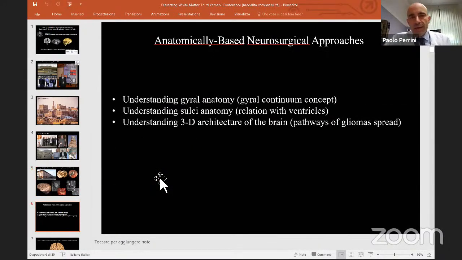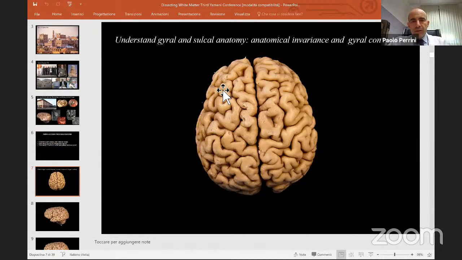To do anatomically based neurosurgical approaches, we need to understand three concepts: gyral anatomy, sulcal anatomy, and the 3D architecture of the brain. This is a specimen seen from above, and we can appreciate that all the gyri present continuity. The superior frontal gyrus is continuous with the precentral gyrus, which is continuous with the postcentral gyrus at the level of the paracentral lobule.